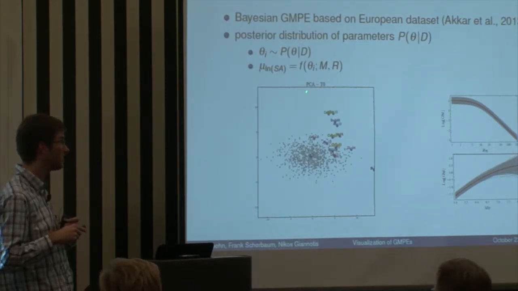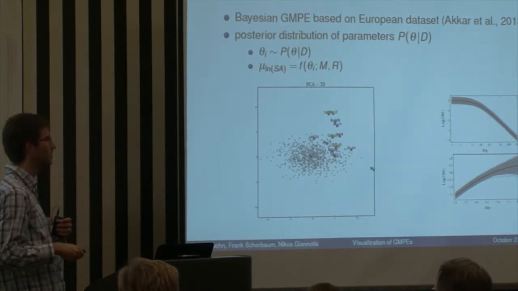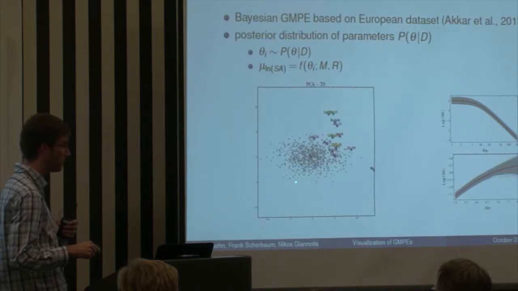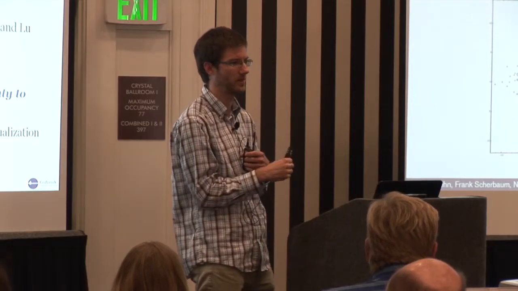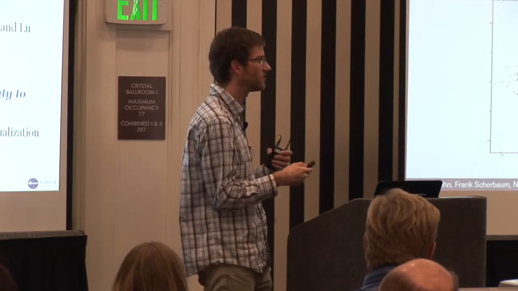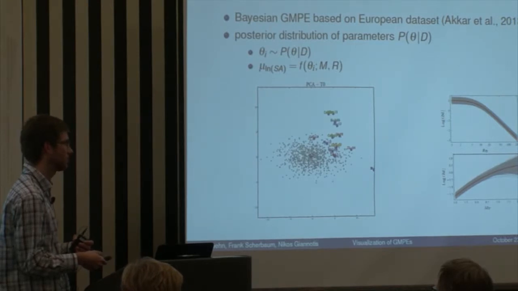Keep in mind this is PCA, principal component analysis, the simplest method, but the point is these are 1,000 points plus the 14 GMPEs, and there's no way I can do this with the other methods. This is just way too much data. It would take way too long.